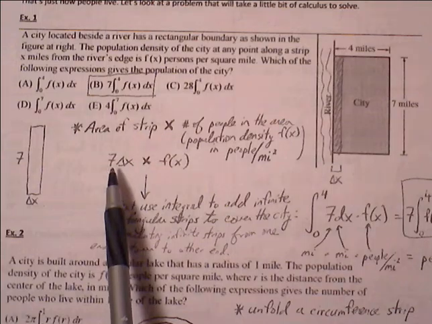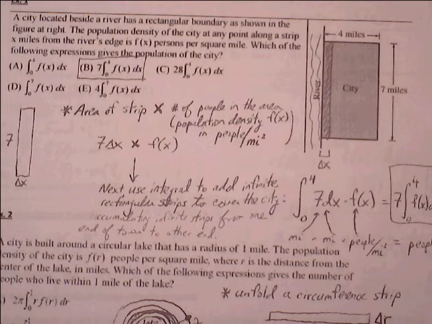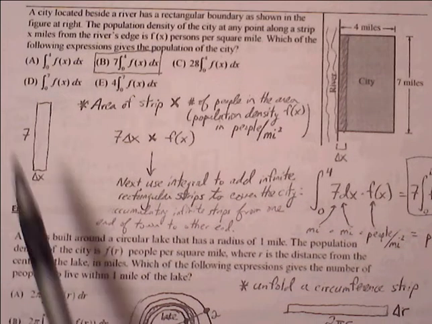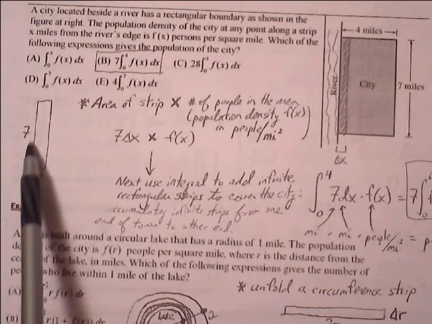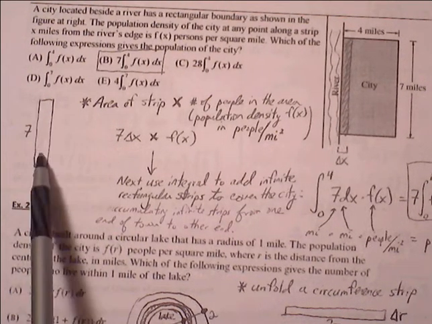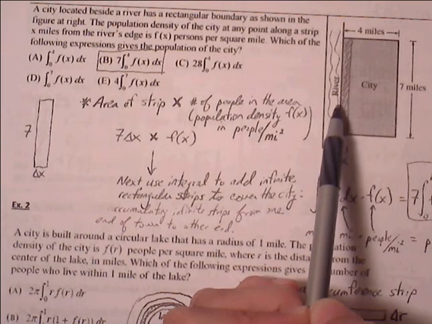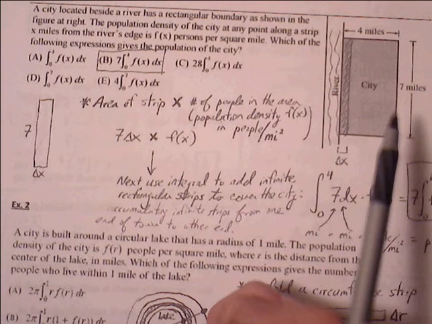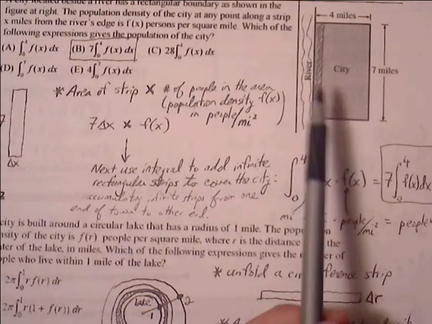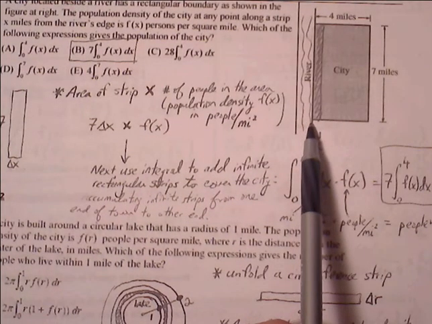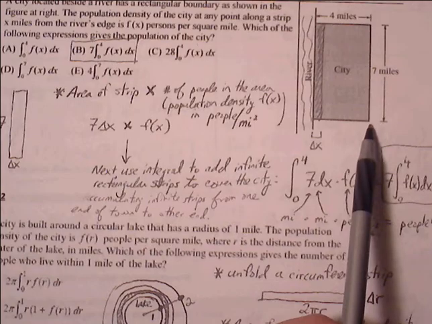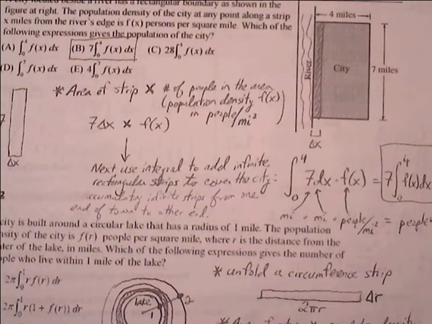We're basically going to be accumulating these rectangular strips from one end of the town to the other. So from one end of the town, it's 0 miles from the river, all the way to 4 miles from the river. That's what the bounds are going to show.